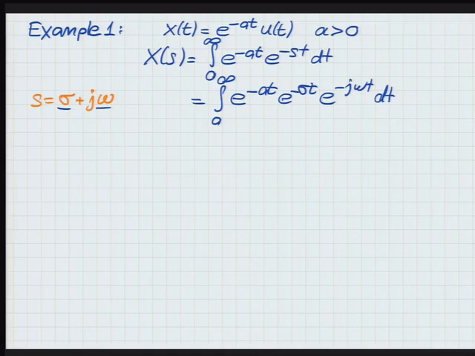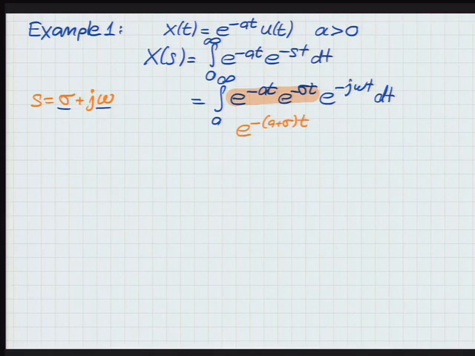The Fourier transform of what, though? Not e to the negative at, but e to the negative at times e to the negative sigma t. So this looks just like the Fourier transform of e to the negative (a plus sigma) t.